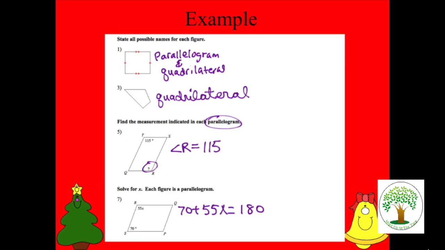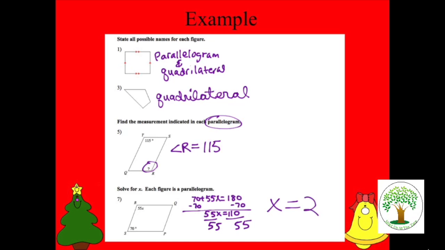I'm going to subtract that 70. Sorry. Number 7. All right, 110 divided by 55 is 2. X is 2. Do I have to plug it back in? No, I do not have to plug it back in.